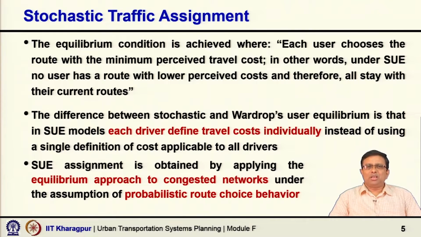In DUE, deterministic user equilibrium, perfect knowledge, no variability in the perceived cost. So, all the routes will have equal travel time, and we said any unused route will have either equal or higher travel time.